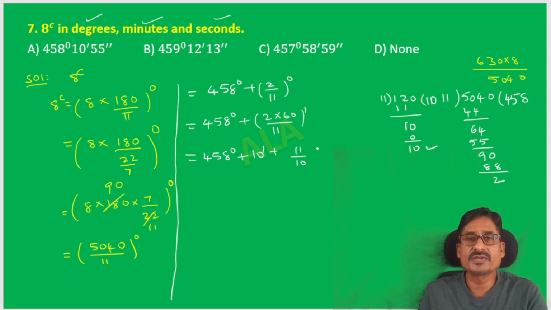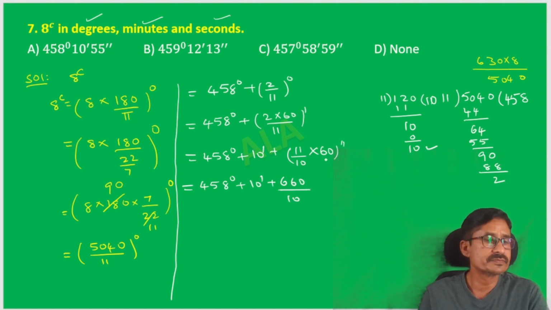These minutes are converted into seconds, means this is multiplied by 60. Then what we write? That is 458 degrees plus 10 minutes plus, these are seconds, 600 by 11.